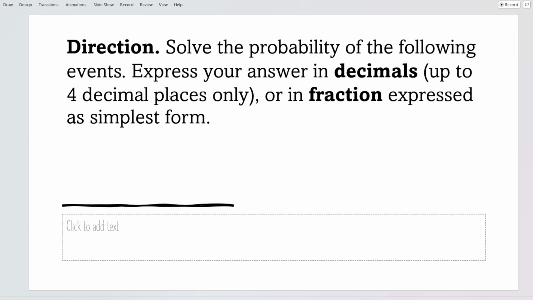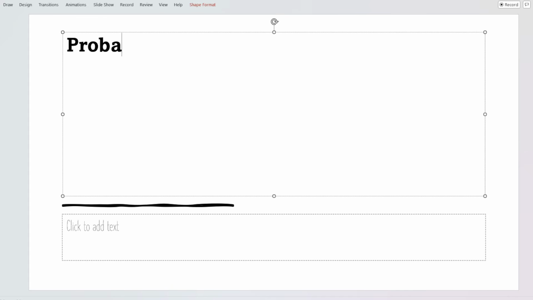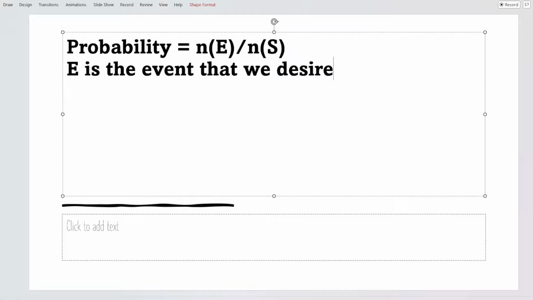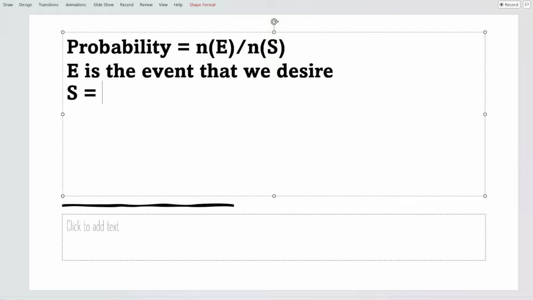Now, we recall that when we talk about probability, this is basically just the number of events in E divided by the number of events in S, where E is the event that we desire or that we observe, and S is basically the sample space.